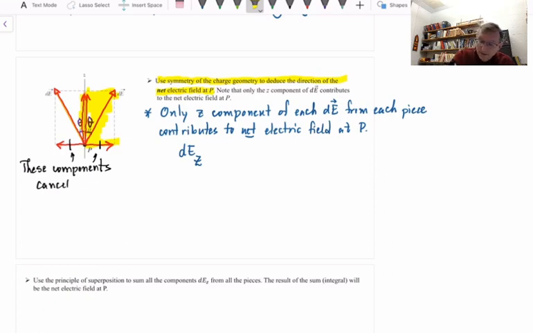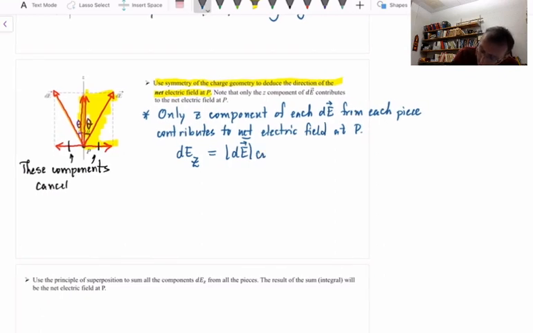The hypotenuse is the entire dE, so there it is, the dE magnitude. That's the hypotenuse. And then I multiply that by cosine theta. And that's the key component for each little piece that contributes to the field at point P.